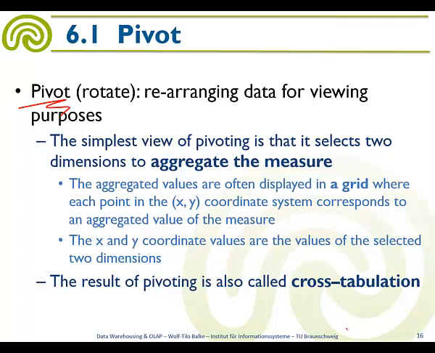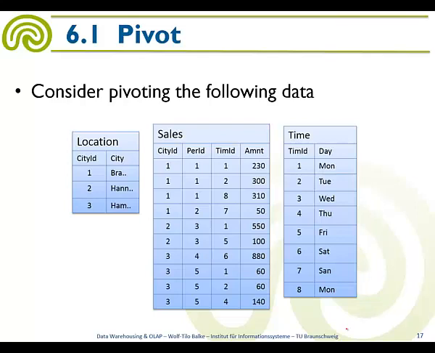So, for example, if you have a location dimension and a time dimension on a sales table, the city ID is tied to the city ID here, and the time ID is tied to the time ID here, and the measure that you have is the amount of what was actually sold.